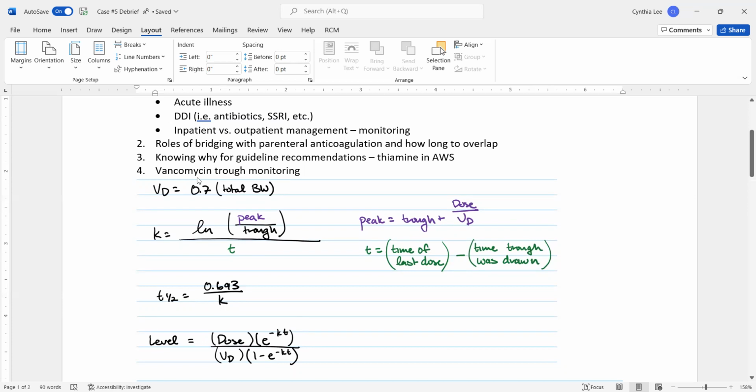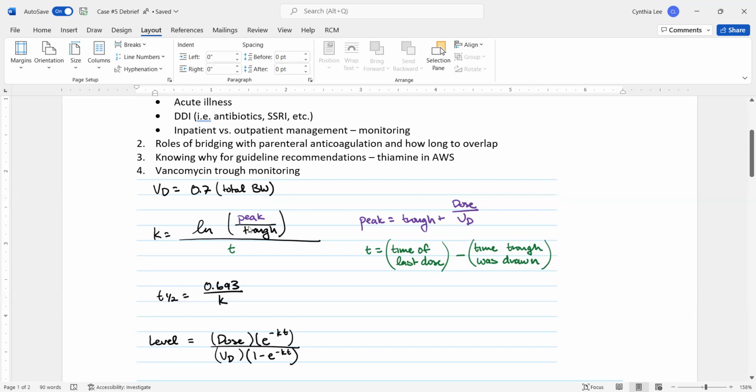But on average, typically we use 0.7, and then you use your actual body weight to calculate the volume of distribution. And then this is the elimination rate coefficient, basically how much they are eliminating or clearing.